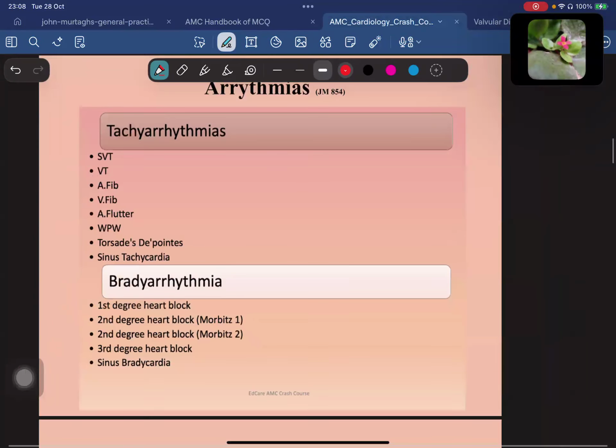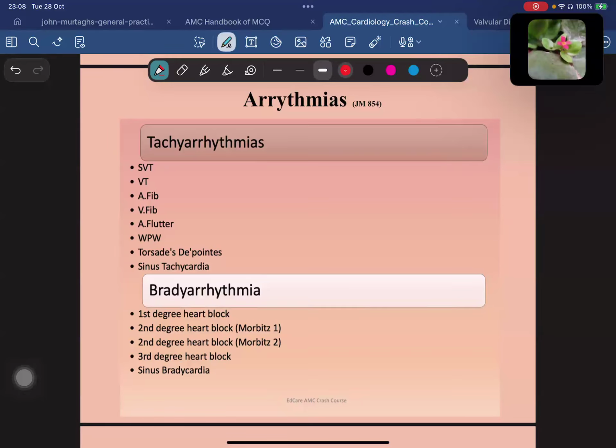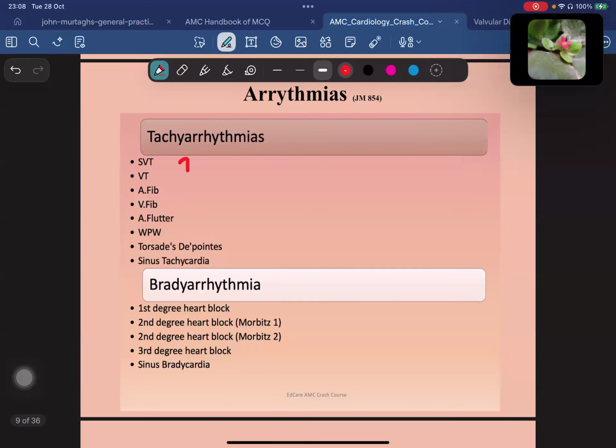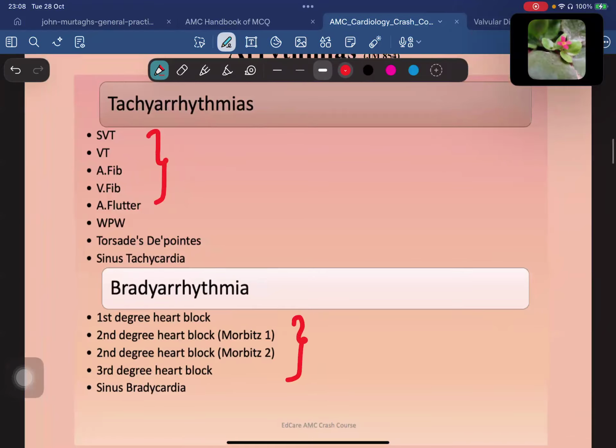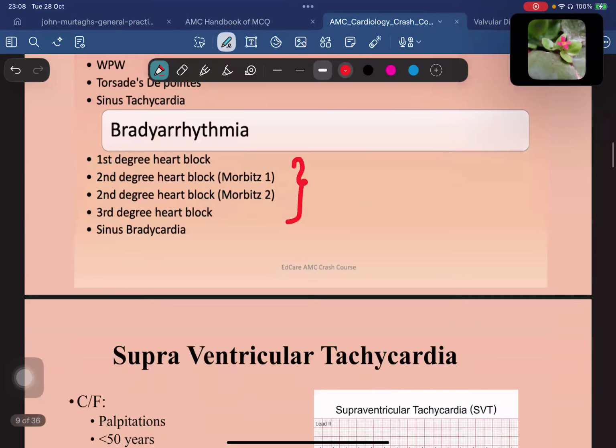It's not that all these little things are very important, especially these four or five, the first few will be important, and in this, the heart block parts were important. Other than that, Torsades de pointes, Wolff-Parkinson-White syndrome, those things, at maximum you would get an ECG and you would know what that is. But apart from that, a lot of questions would come from arrhythmia, especially the common ones.